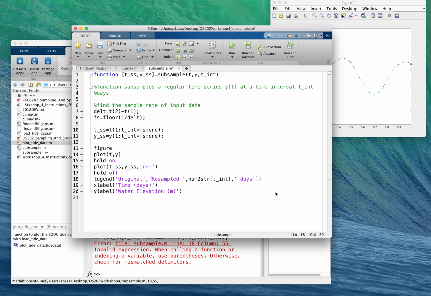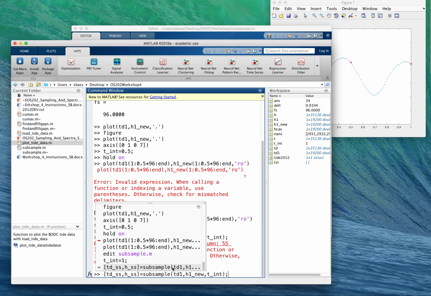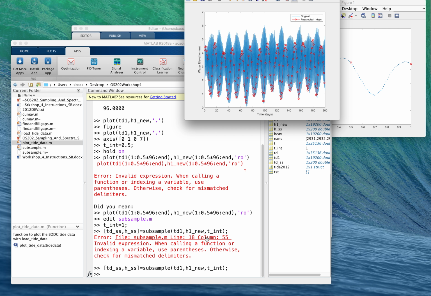This is the problem, the bracket's on the wrong side, I think. Yes, okay, so you can see it just paired up those brackets now, so that should be fine. Okay, so use parentheses, mismatched, that's what happened here, we've mismatched delimiters. Okay, so let's try that again. Seems to be working okay.